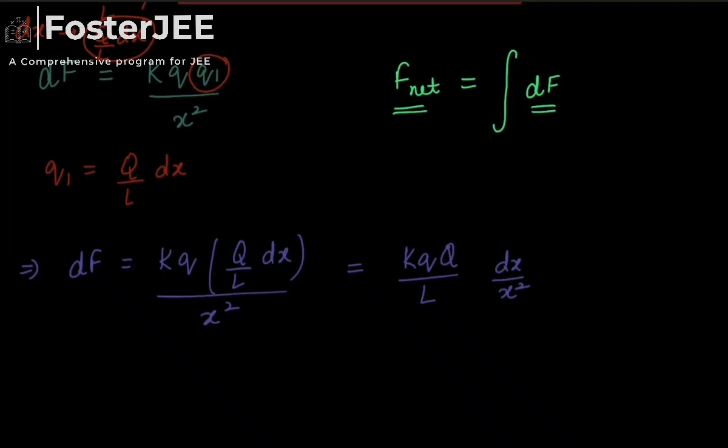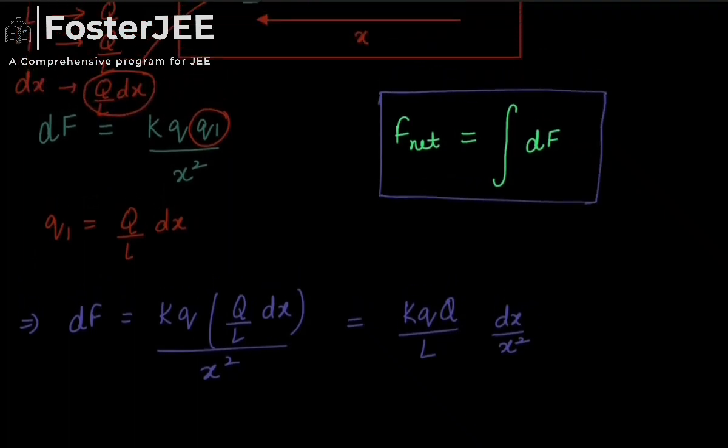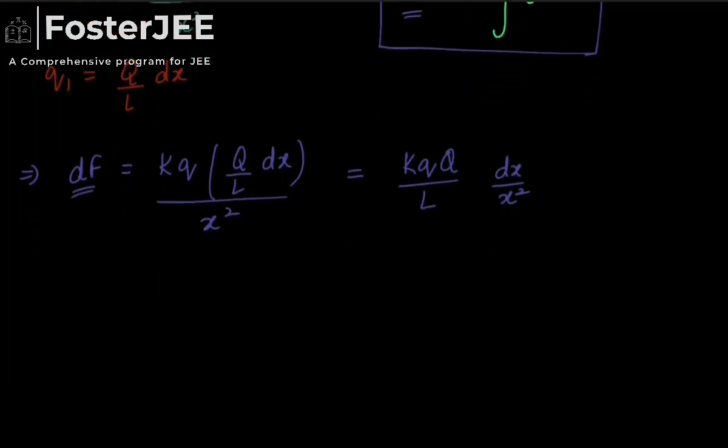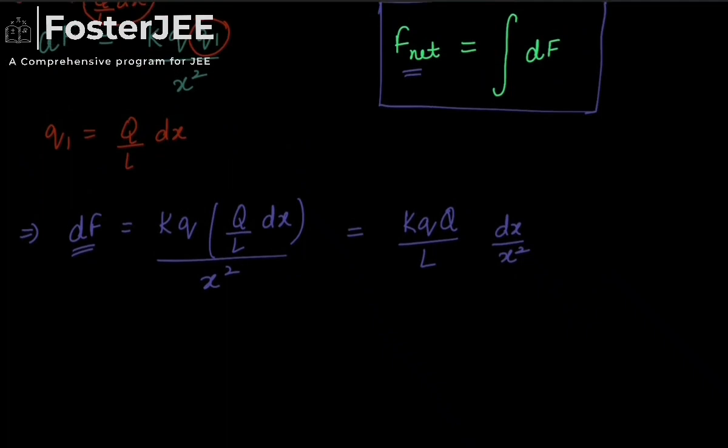Now from this expression, we know we have to add up all such small elements so that we can get the net force. And if we want to add an infinite number of forces, then we will use integration.